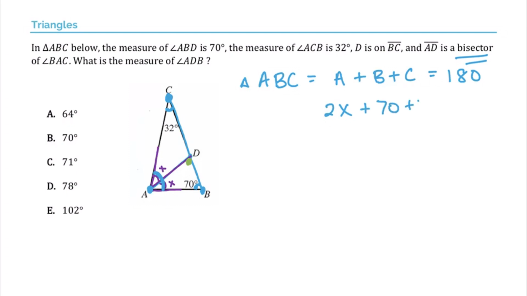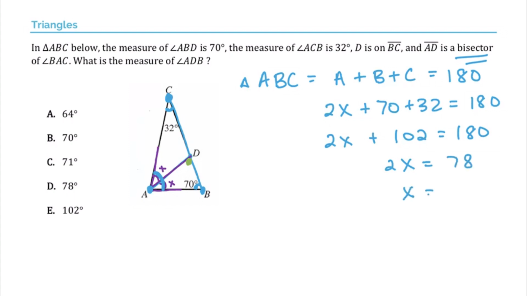B was 70 and C was 32. And we know that they add to 180. That means that 2X plus 102, that's 70 plus 32, is 180. 180 minus the 102 leaves us with 2X equals 78. Divide both sides by 2, and I get that X equals 39.